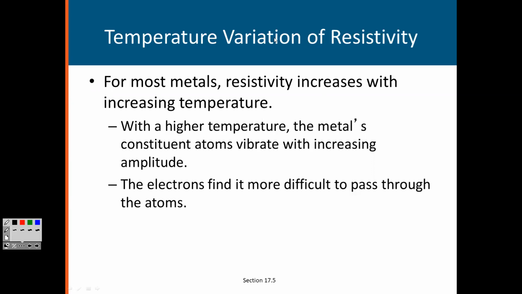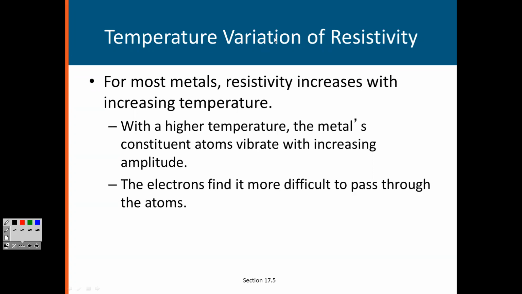For most metals, the resistivity increases with increasing temperature. So what happens at higher temperature is that the constituent atoms inside the metal vibrate with increasing amplitude. Okay, they are fixed in place, but with temperature, they can start vibrating with increasing amplitude as you increase the temperature.